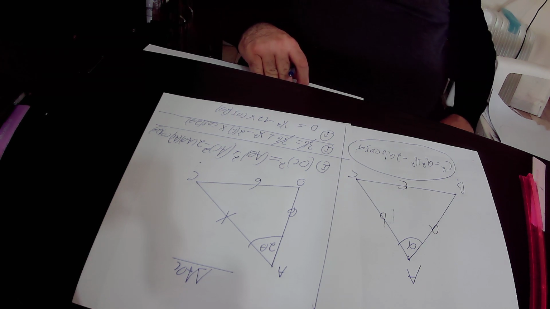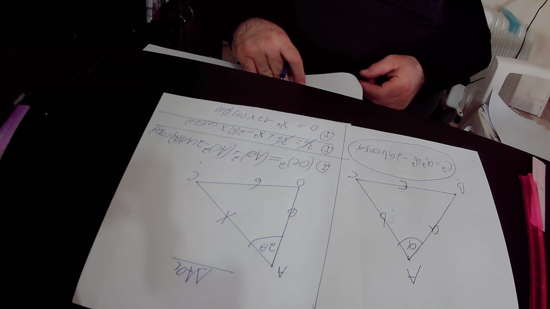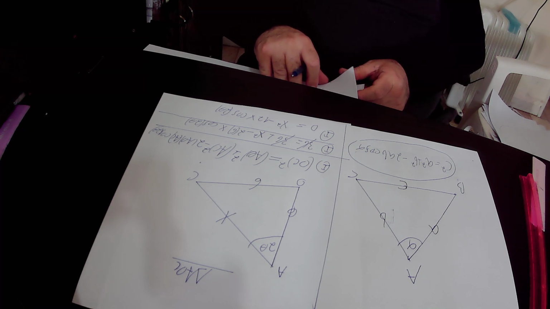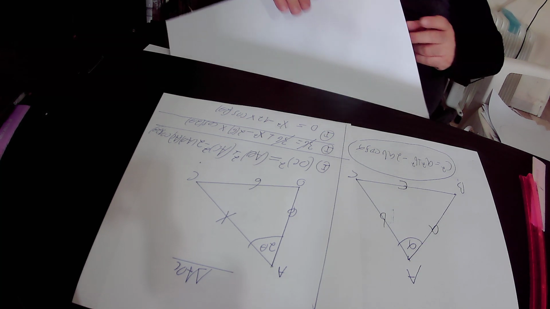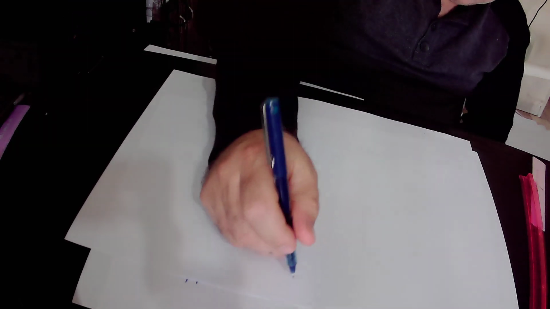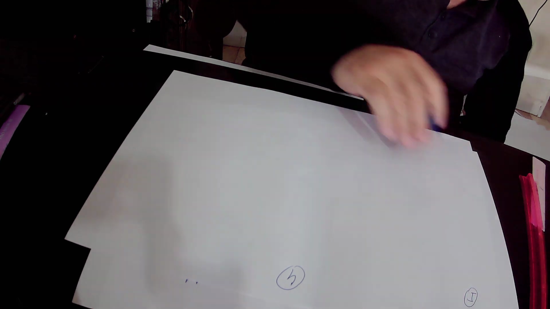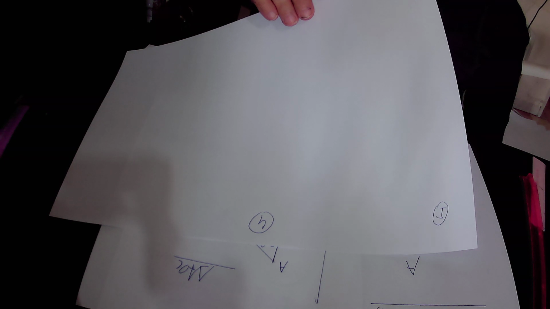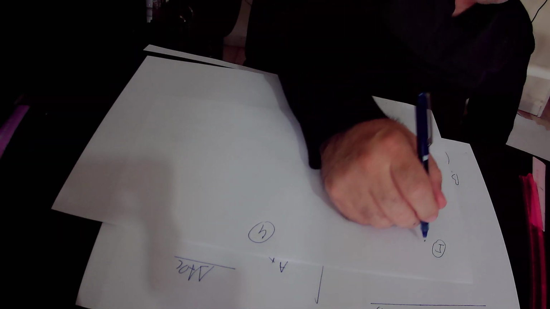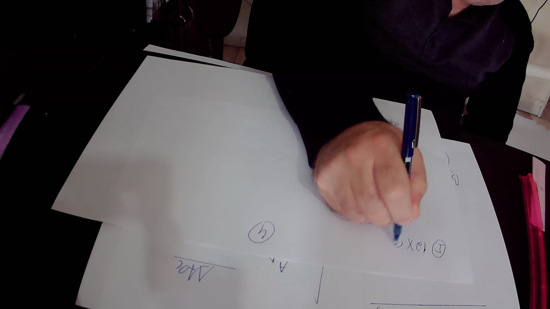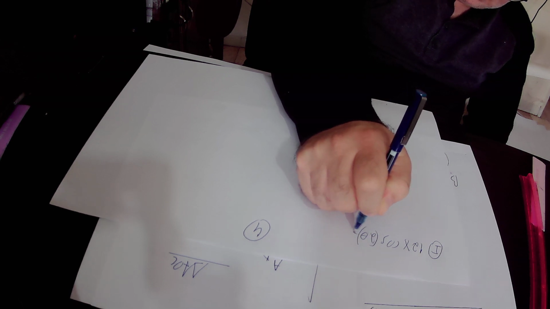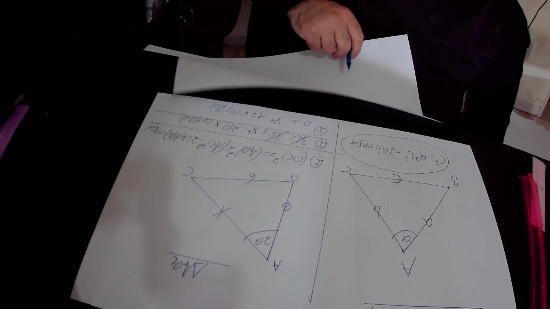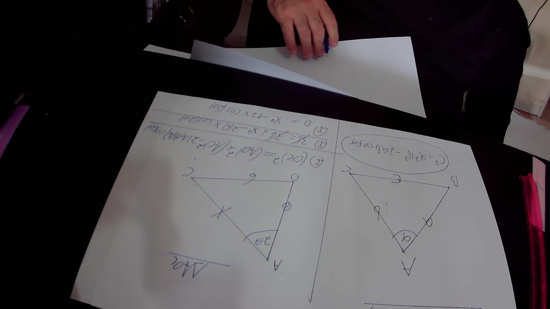And we get that according to equation number 1, 12x cosine 2 theta equals x squared.